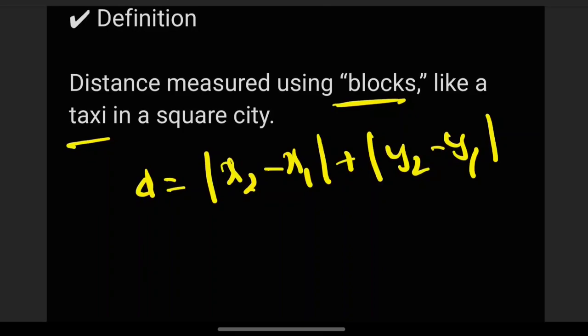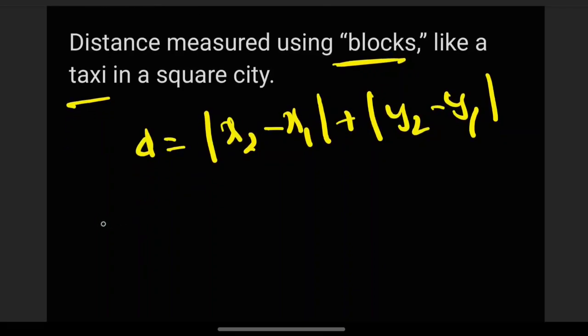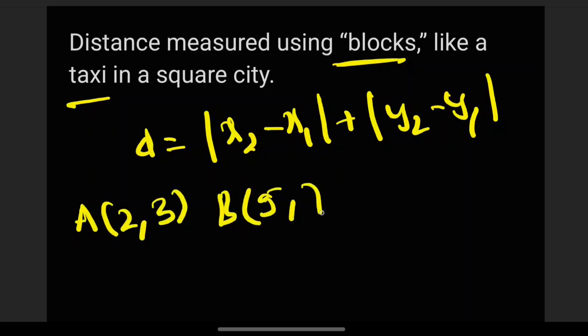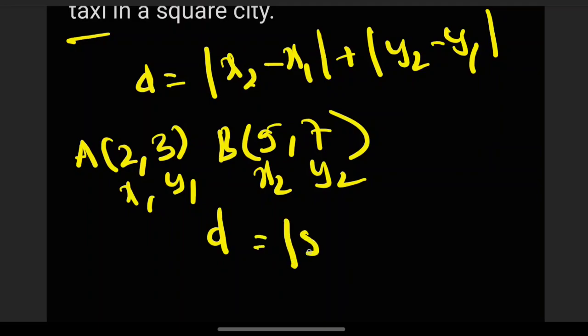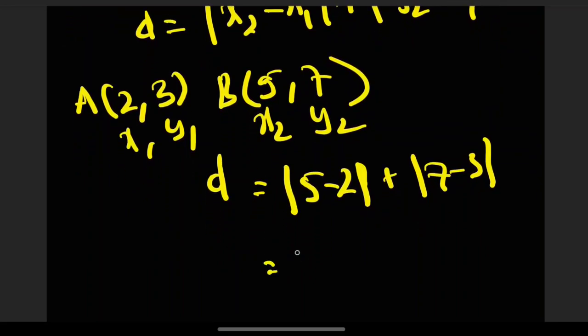Same way again, please try to calculate with the same example. A is equal to 2, 3 and B is equal to 5, 7. This is x1, y1, x2, y2, right? D is equal to mod 5 minus 2 plus mod 7 minus 3. If you compute it, you will be getting 3 plus 4. That is nothing but 7.